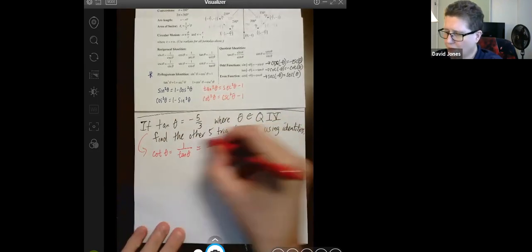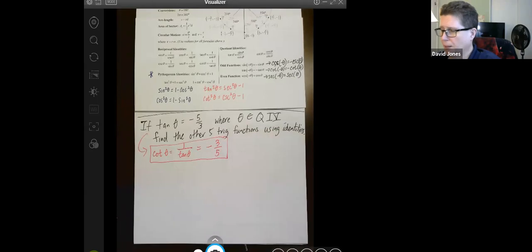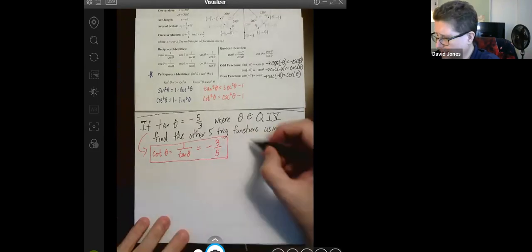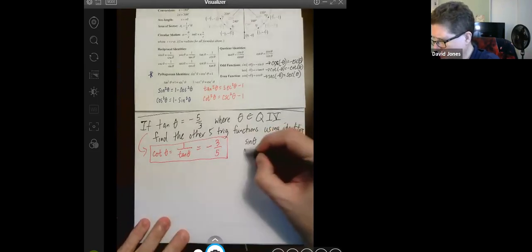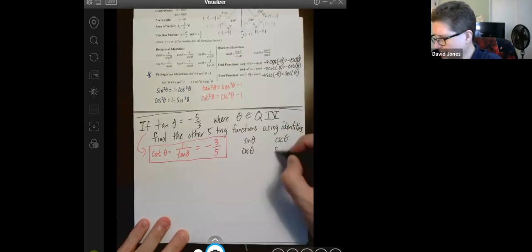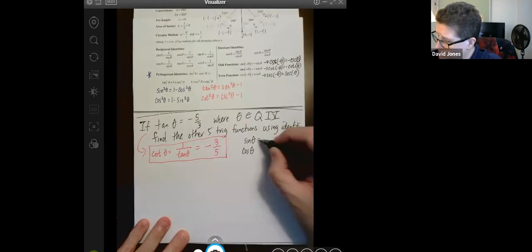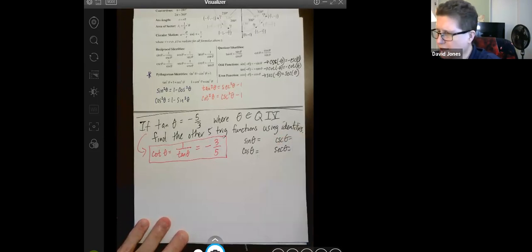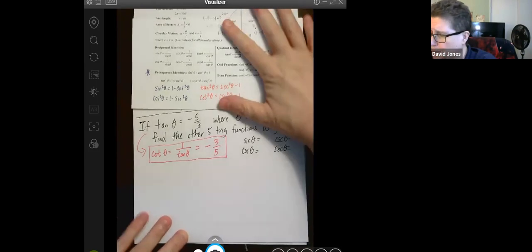Bam, one of them's done already. Now we need sine theta, cosine theta, cosecant theta, and secant theta.